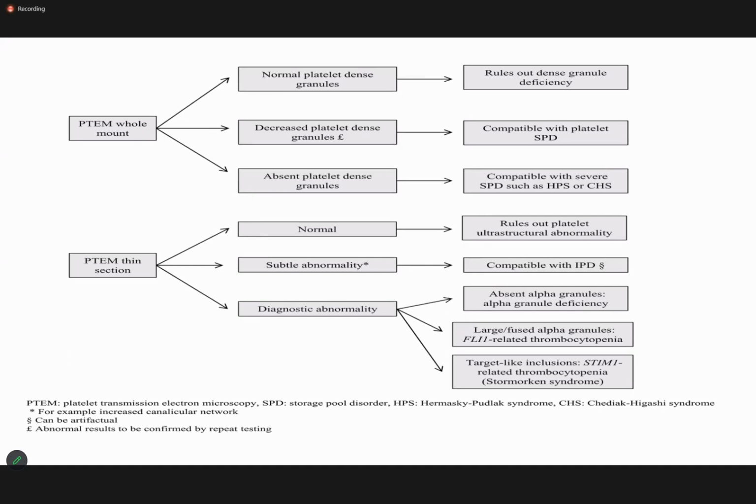If there is absence of alpha granules, there will be alpha granule deficiency. If you see large fused alpha granules, maybe this patient has FLI1 related thrombocytopenia. And if you have a target-like inclusion, it may be related to STIM1 related thrombocytopenia.